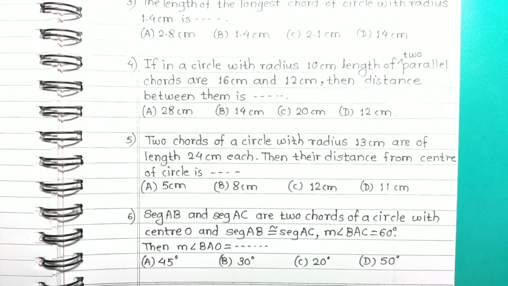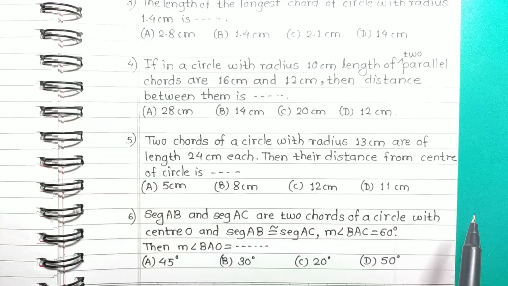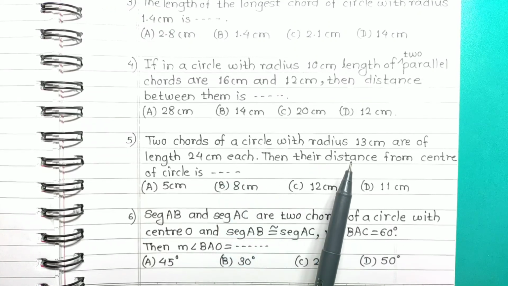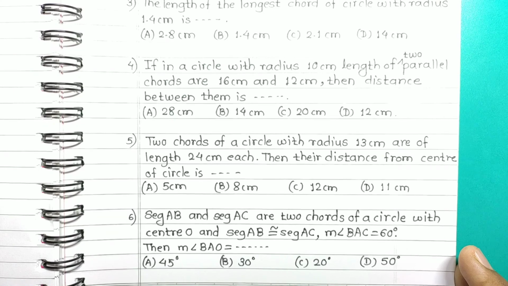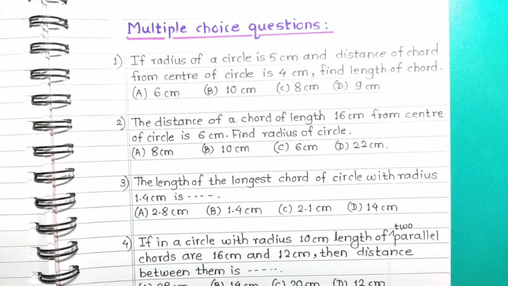So, the purpose of these questions is to fix concepts related to circle in your mind so that you can recall them to solve problems easily. Okay, you take a screenshot of these questions. Okay, these are the 3rd, 4th, 5th and 6th, and these are the first 3 questions.